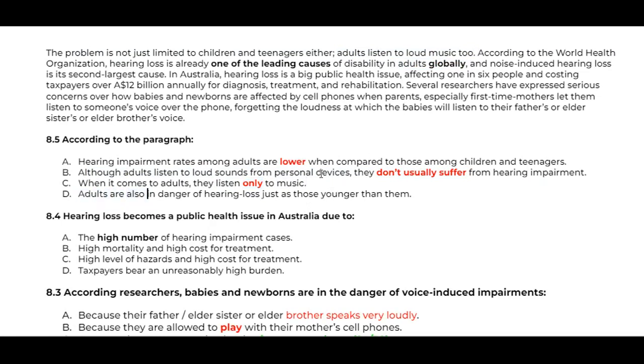Adults are also in danger of hearing loss just as those younger than them. Younger than them means the first one, children and teenagers. See, here I did not say "just as" is not equal to, it's not equal to, just as other people do.